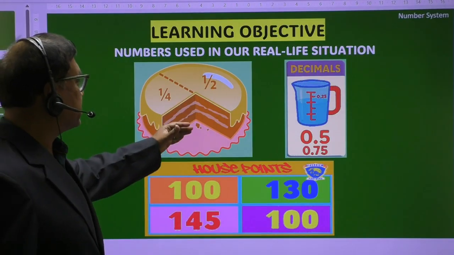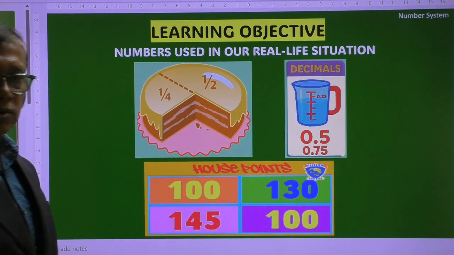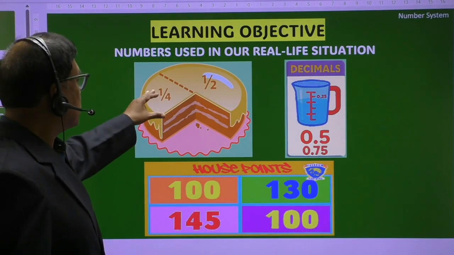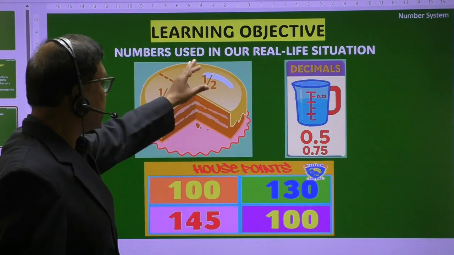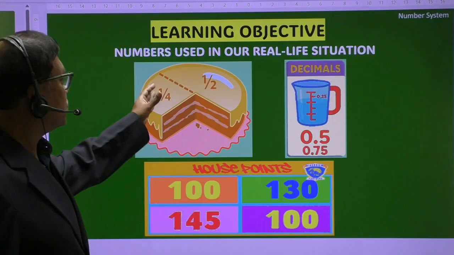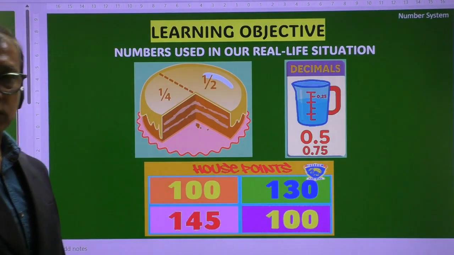From this birthday cake, from full parts, some part is taken out, and this 1/4 portion is here and half portion is here. So what we are seeing here, two numbers, 1/4 and 1/2.